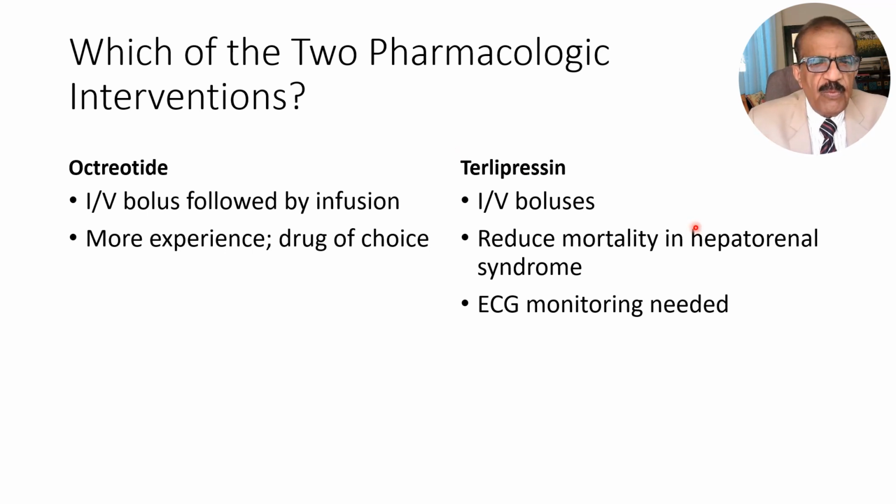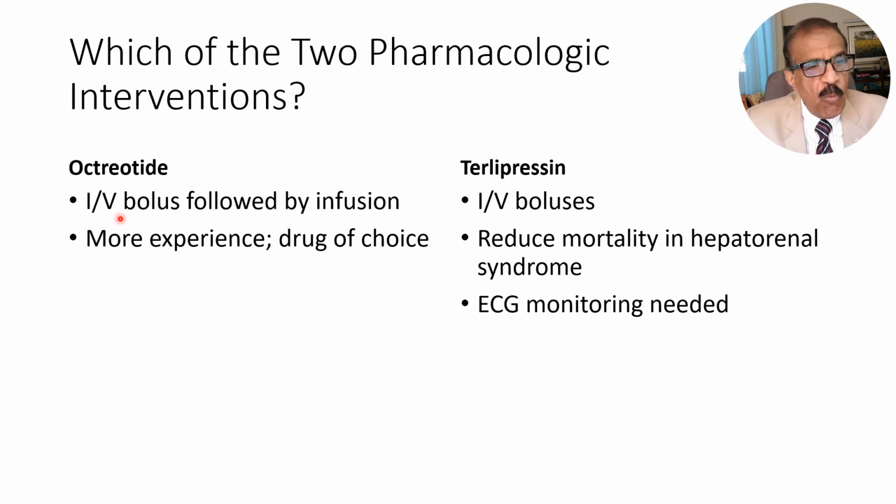As I told you, there are two options in pharmacological therapy. Which of the two pharmacological interventions is better? There is often debate. I believe both are acceptable. Octreotide versus terlipressin. Octreotide is given as IV bolus and it must be continued as IV infusion.